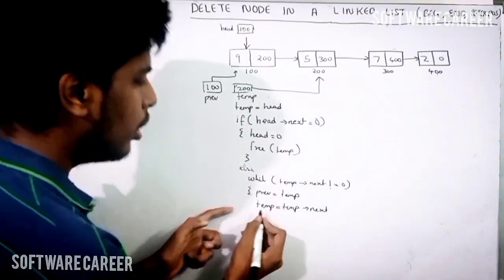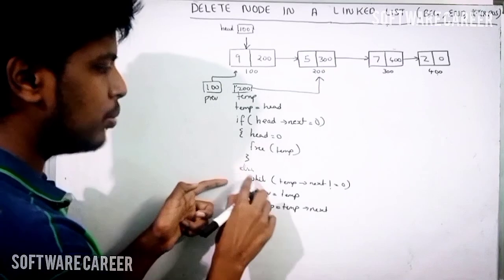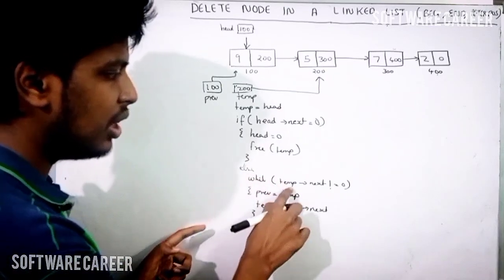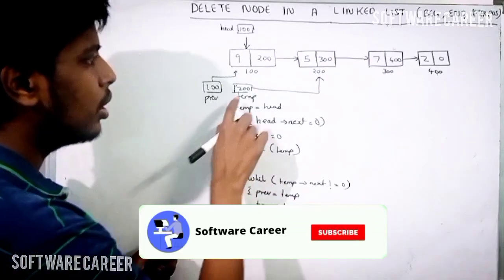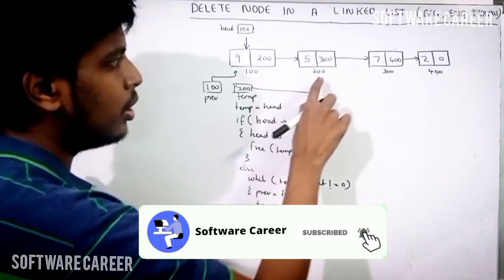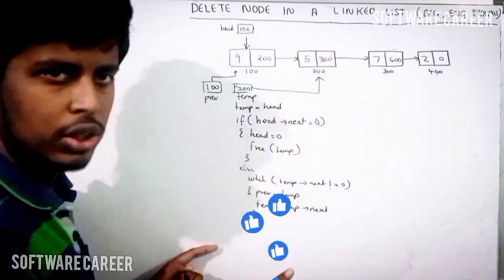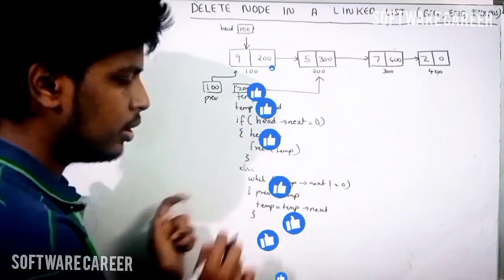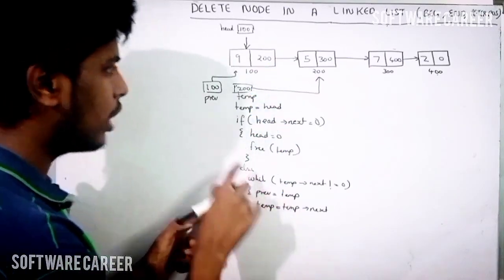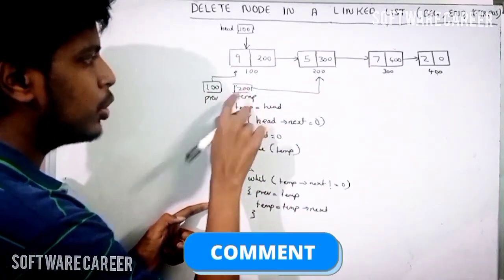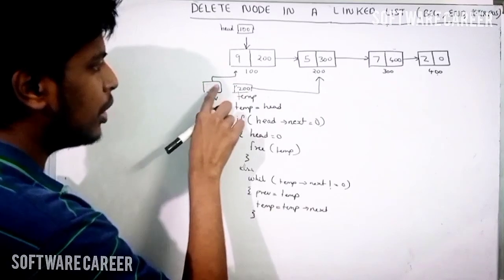Now I should go back to the same step and check this condition, whether temp next is not equal to 0. Temp is 200. 200 next is 300. It's not 0. So I should enter this statement, previous equals to temp. That means temp is 200. 200 is put on this previous pointer.